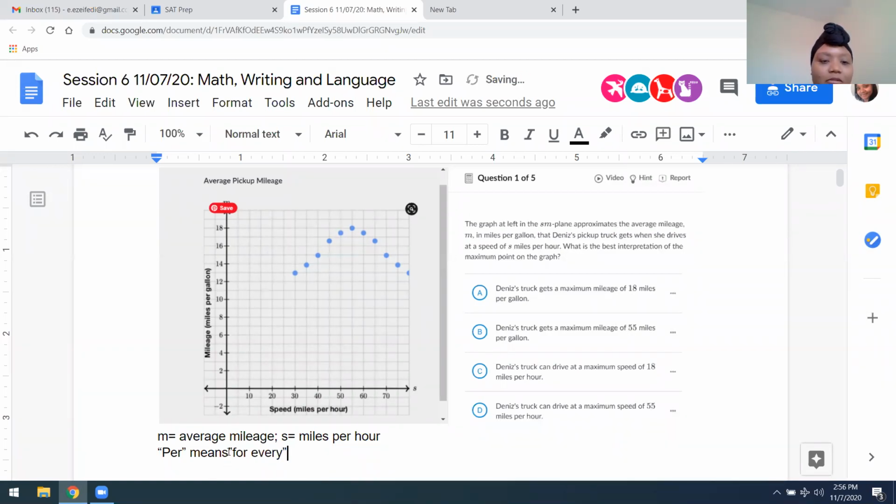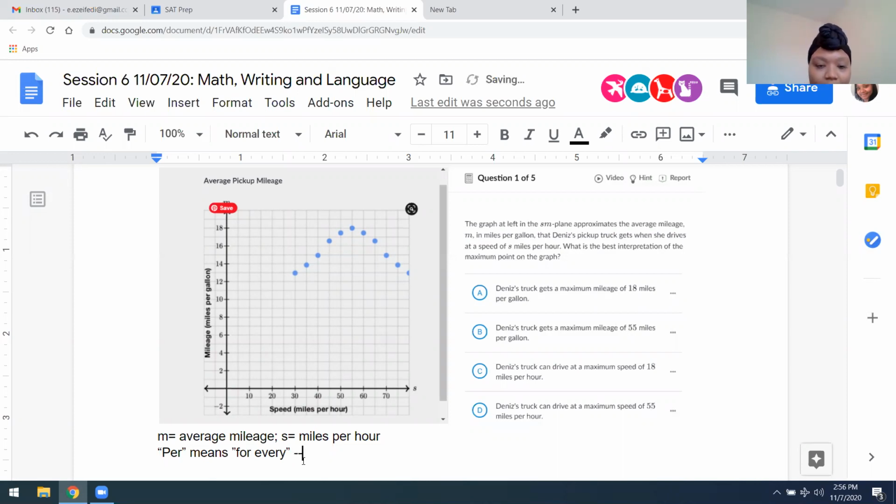Sometimes the definitions and breakdowns I give you might seem redundant or simple, but I promise they're building on each other. I think it's better if you understand what things mean simply. You can understand how to solve more complex problems if you understand the foundation of what the question is asking. So per means for every.